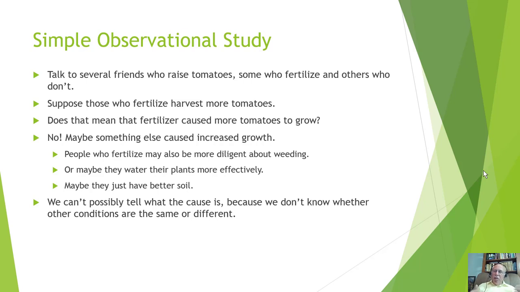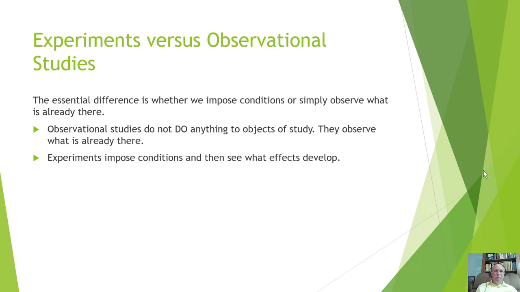Or maybe just by chance, all of the people who fertilize also have better soil for their gardens. See, the problem is we can't tell what the cause is in an observational study because we don't control all of those other factors. We don't know which of these possibly different conditions are the same or different.